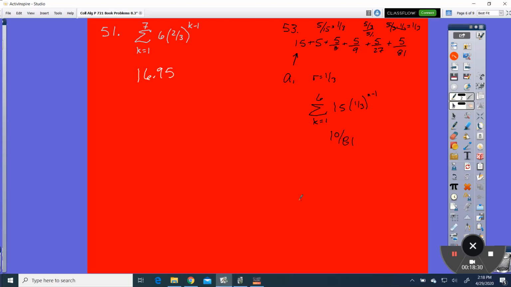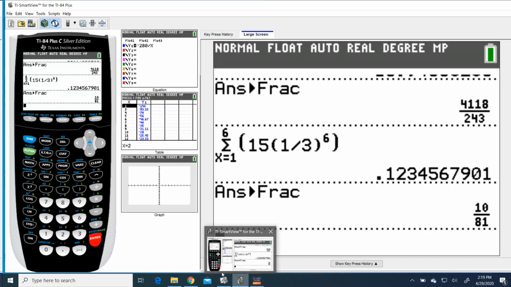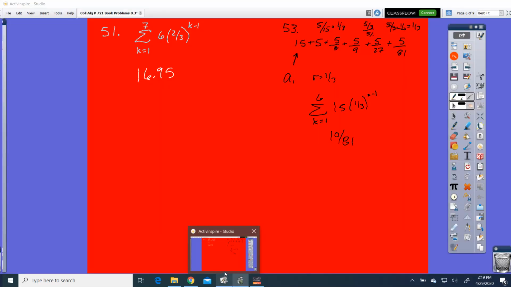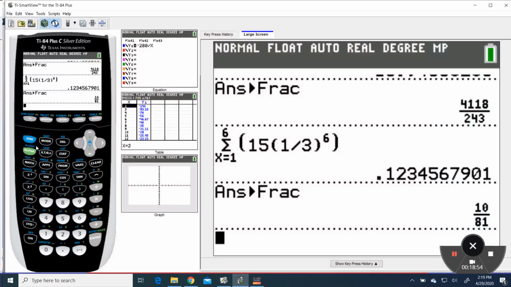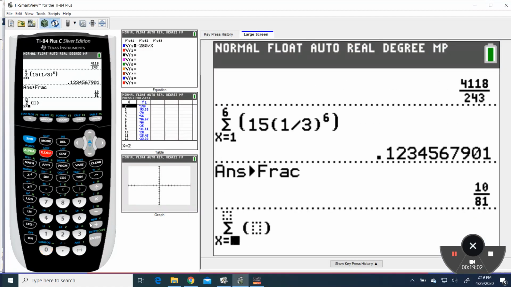That doesn't make sense. Math, 0, x, 1, 6.